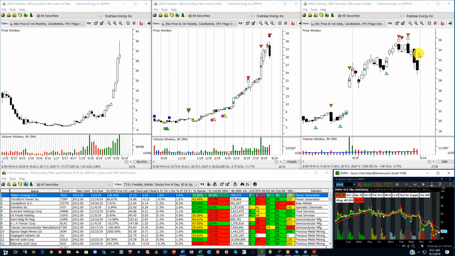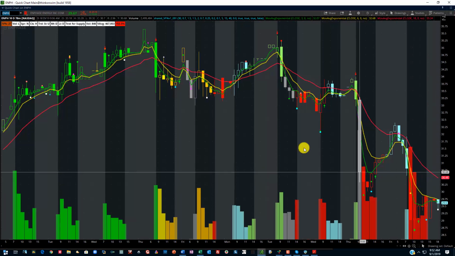But if we look at the other charts to the left, you can see that while this stock ENPH was running up, it was a very tight pattern on the weekly chart, and the same thing happened with the monthly chart.